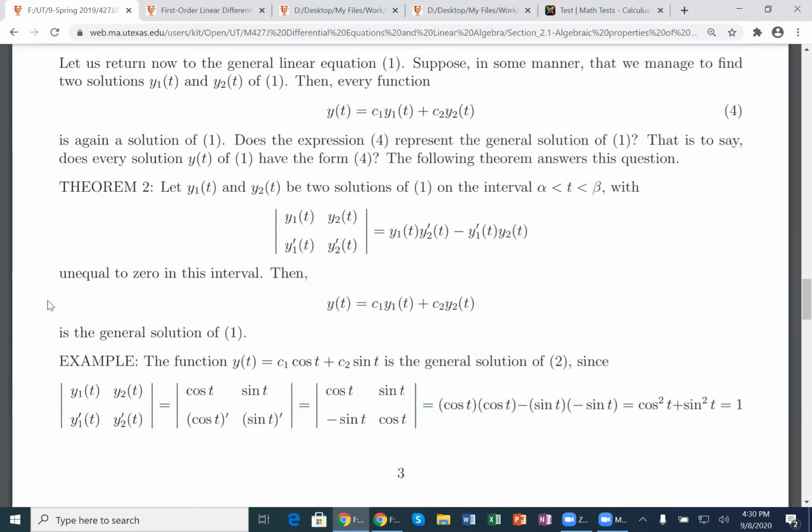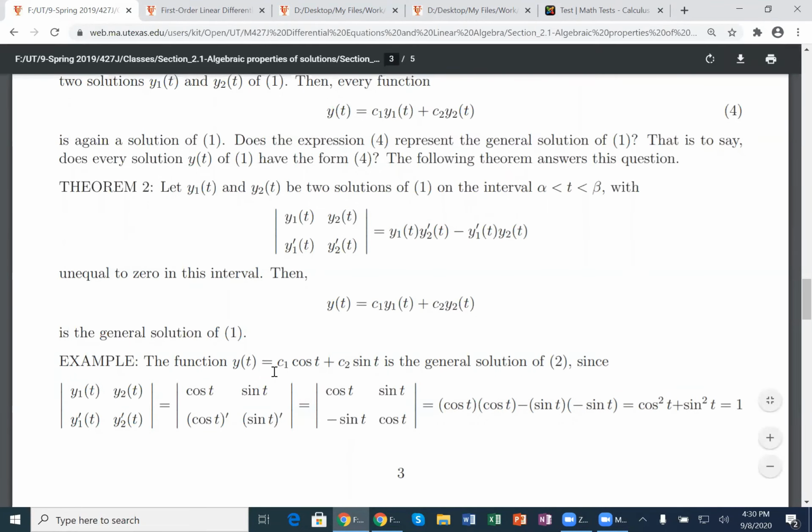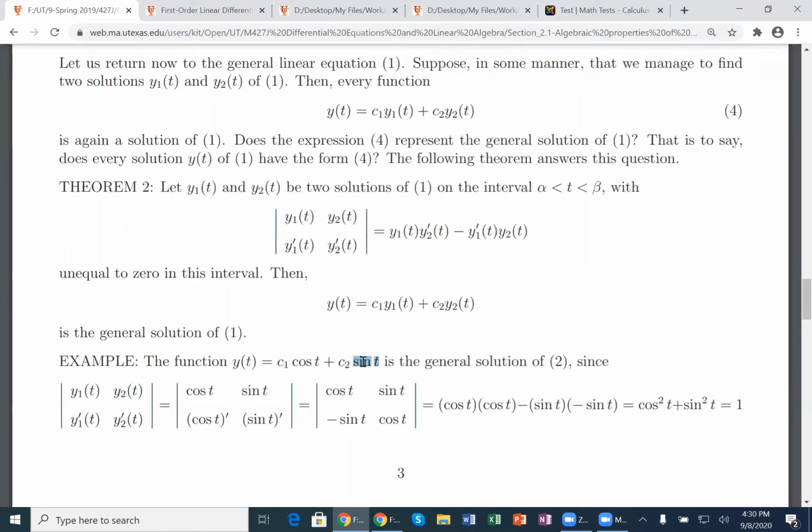All right, so as we just discussed, if we replace sine by, say, 2 cosine, these 2 particular solutions do not form a fundamental set of solutions, because the determinant, the Wronskian, is equal to 0.